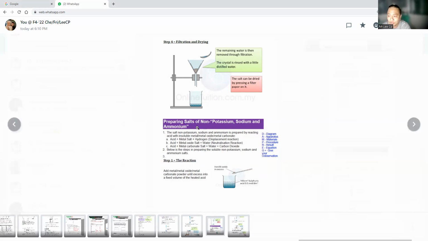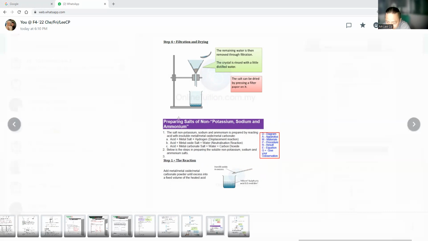So when you do the experiment, you need to be careful. When you write the procedure, you need to have a diagram, apparatus, material, procedure, result, equation, and then give your observation, what you see in the experiment.